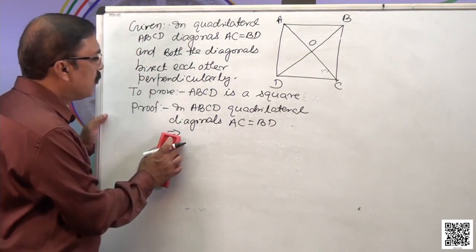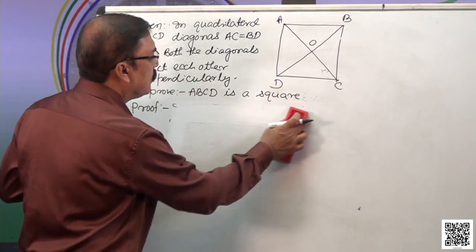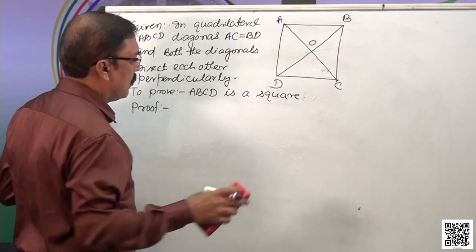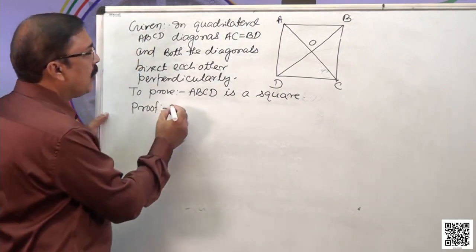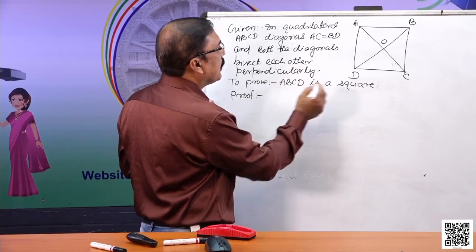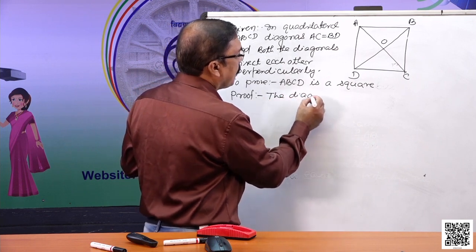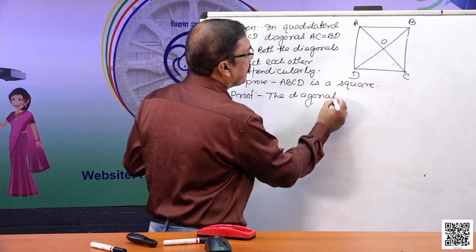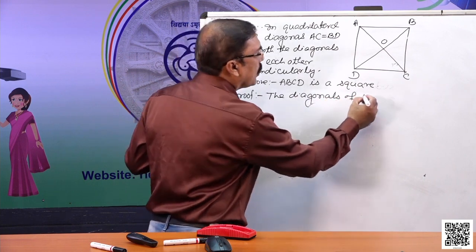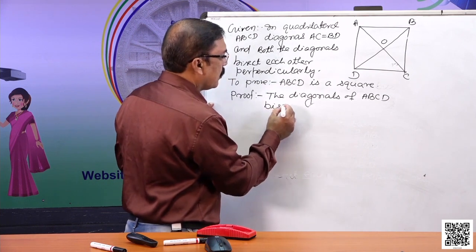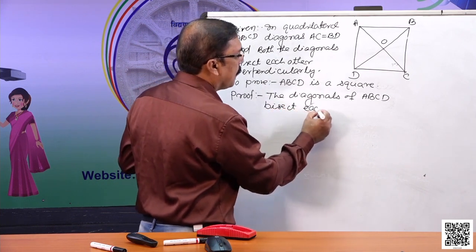Let's first prove that the diagonals of ABCD bisect each other.